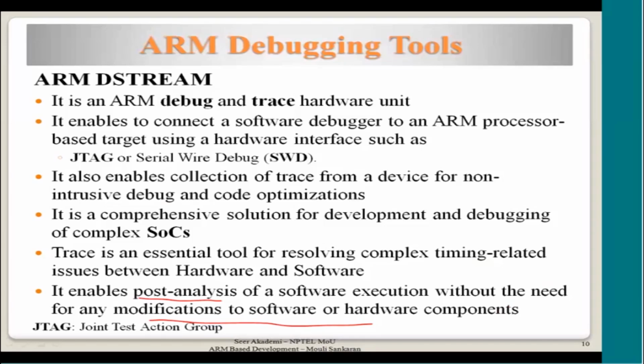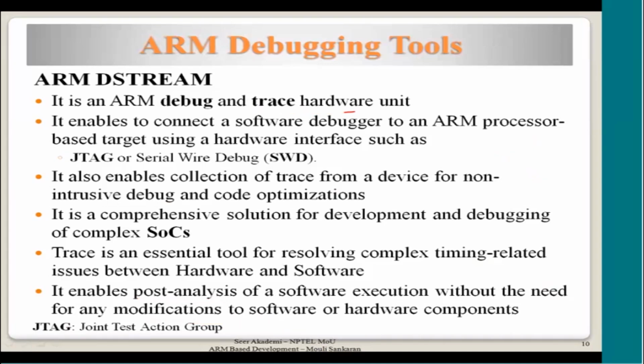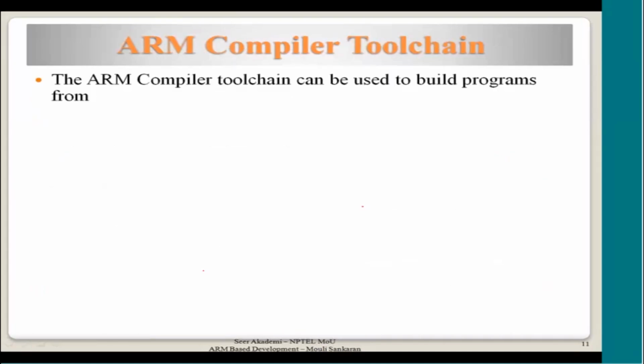So for that we need hardware support, which is a trace buffer and trace hardware unit, so that we don't have to change the software image or add more modules to the software to get information about what is happening inside. The hardware non-intrusively gets you information about what has happened while the software is running, so that we can debug, analyze the issue and fix it during the development phase.